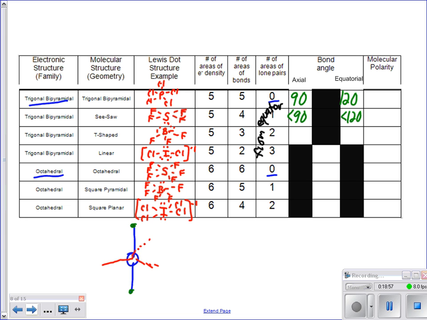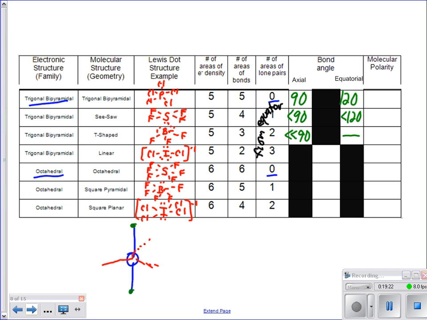So because you've got those two lone pairs, these are no longer going to be 90. In fact, we're going to say it is less than 90. And you've only got one atom on the equator. So because of that, there is no equatorial angle.